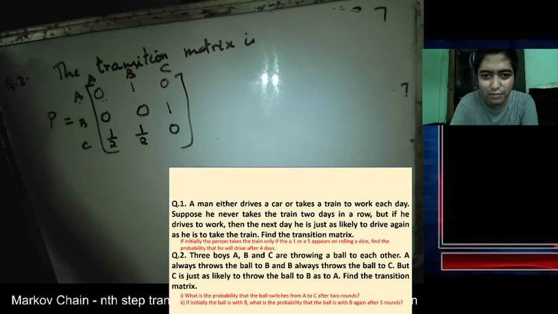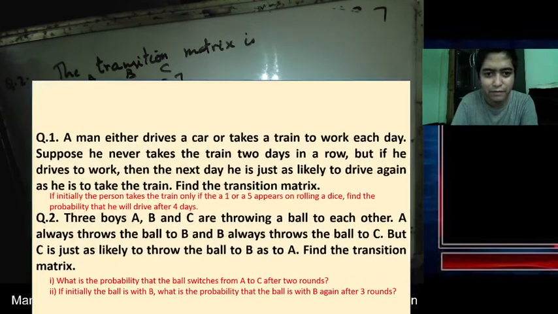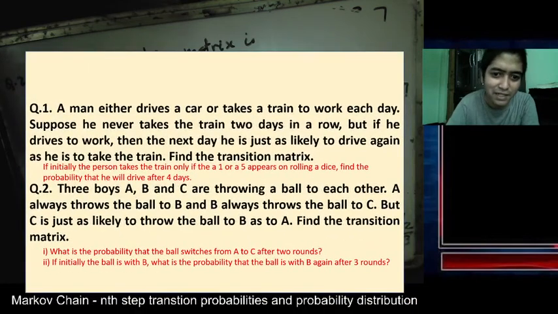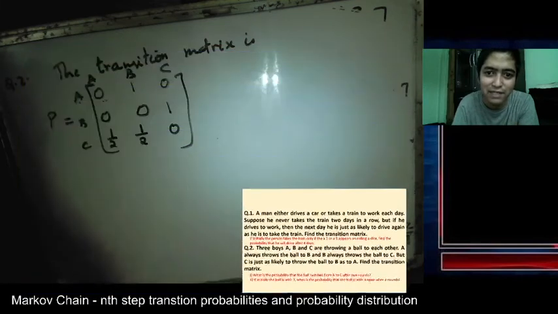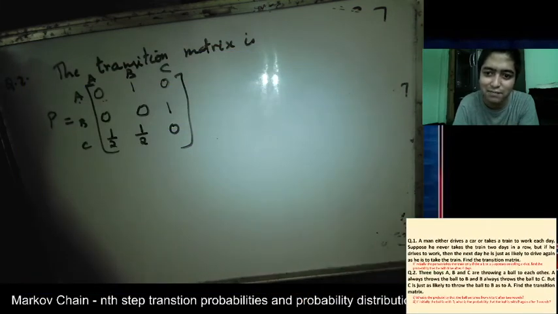Now, what do we need to show? If you see the question, what is the probability that the ball switches from A to C? Question 2.1 asks you to find the probability that the ball switches from one state to another. So we are involving two states, and that is why we will need the n-step transition matrix.